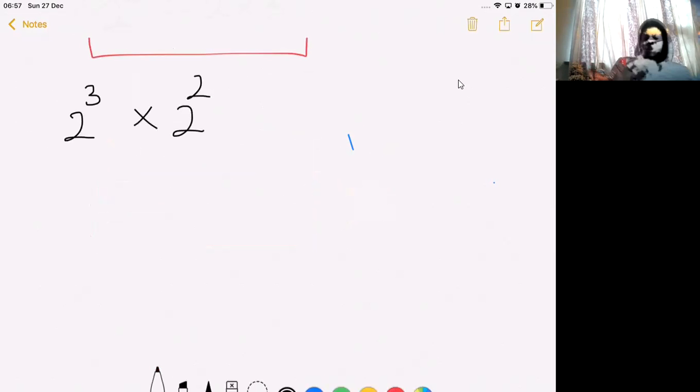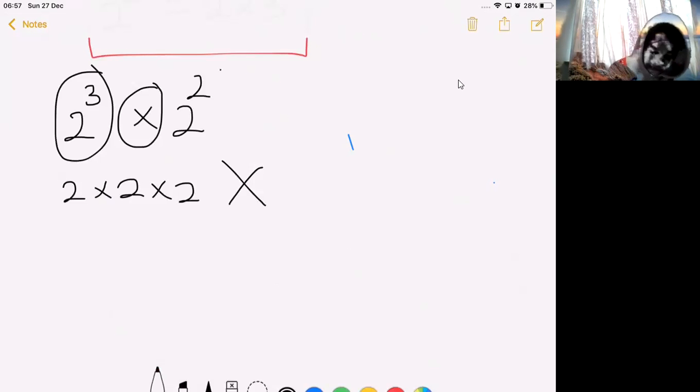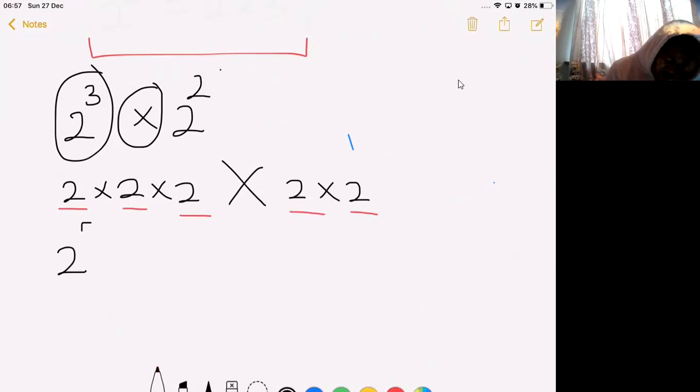We want to see where the law comes from. 2 to the power of 3 means 2 times 2 times 2, multiplied by 2 to the power of 2, which is 2 times 2. Whether it is a big multiplication or a small multiplication, we end up with how many twos? 5 twos. 1, 2, 3, 4, 5. So this is the same as 2 to the power of 5.